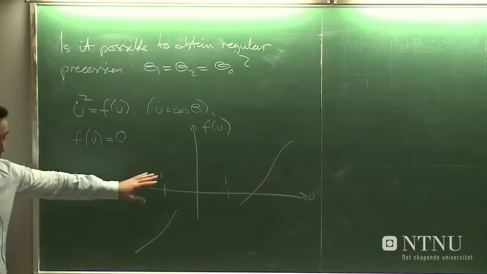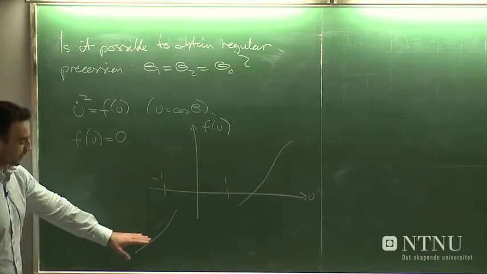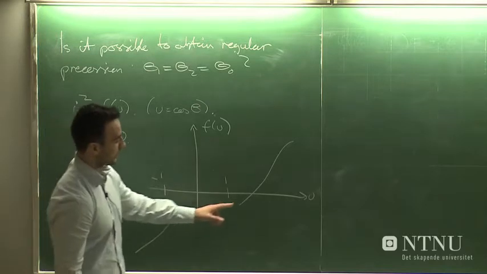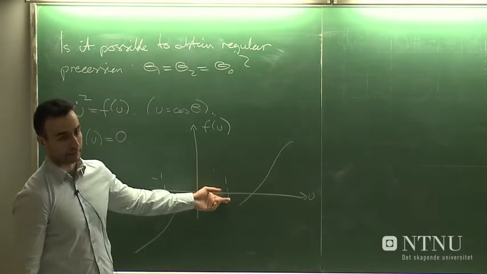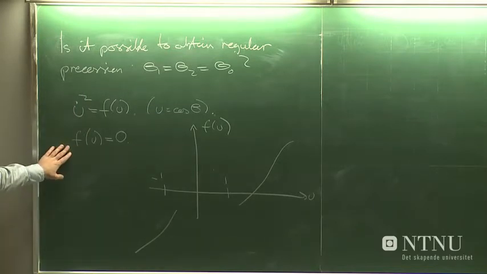So we know that the function f behaves like this. It goes to minus infinity here and infinity here. And at minus 1 and 1, it has negative values. So the question is now, what has to happen for this to be fulfilled? Any ideas?